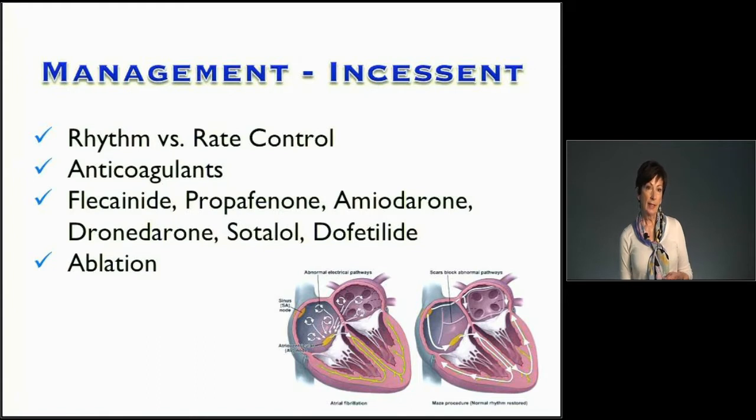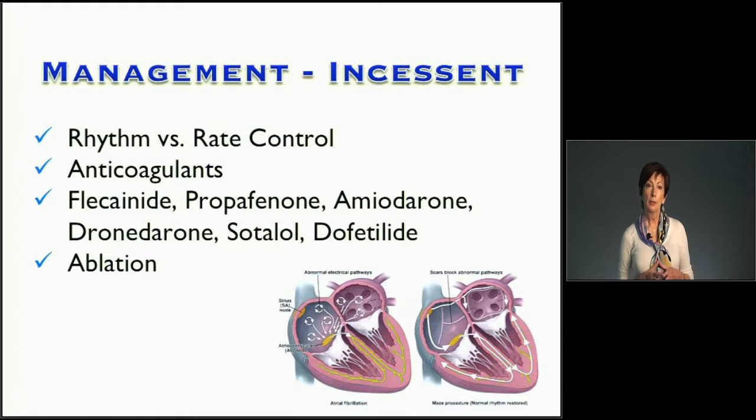So for persistent AFib, there's a lot of research and a lot of discussion about is your goal rhythm control or is the goal rate control? Always these patients are on anticoagulants.